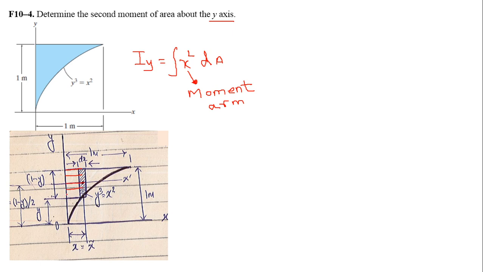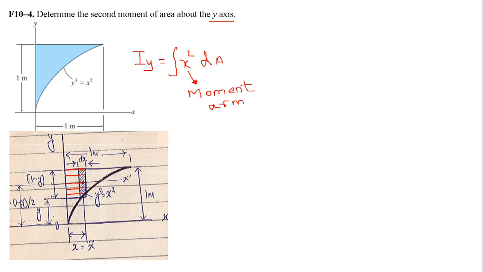So you see each one of these red lines has almost the same length up to the centroid of this strip. It has the same length, and these moment arms are actually measured along the x-axis. If you define a point here, it will have a value of x measured from the origin.